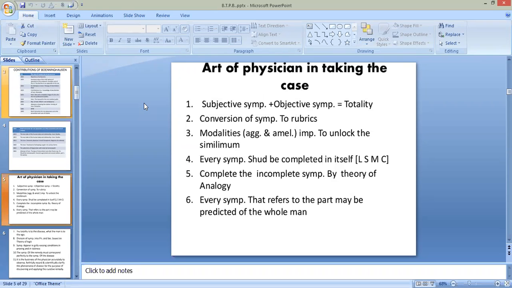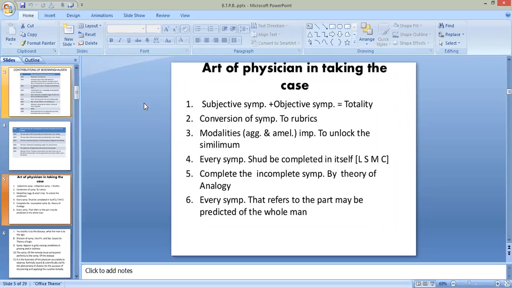So such medicines we have to avoid after the first prescription. For example, Apis and Rhus tox. After Apis, we should never give Rhus tox, otherwise the patient's condition may worsen than the previous state.